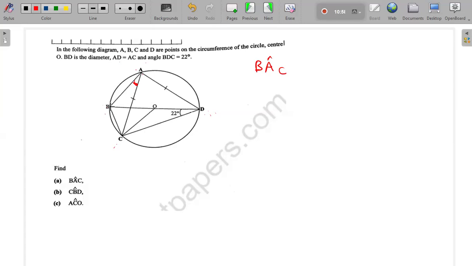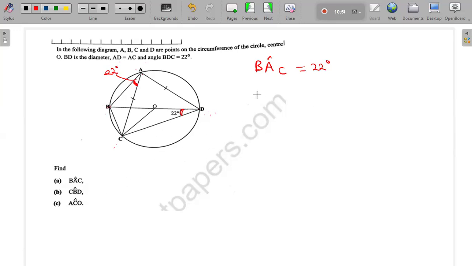So meaning here, when you're at B, it's going from B to A, then to C, like that. But again, you see it's starting from B, going to that point there, and then from there to C here. So this angle here and that angle there are equal. So this angle here is 22 degrees. So BAC is just 22 degrees by that rule.